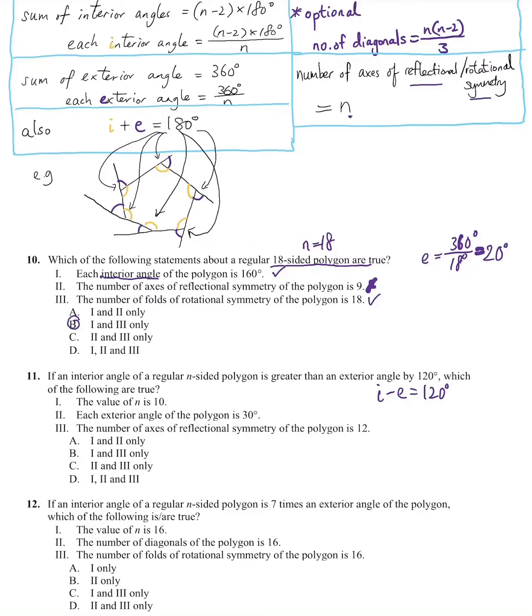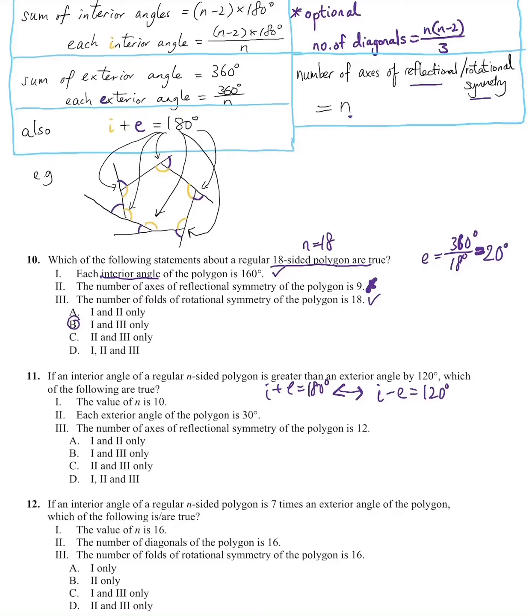But you also remember that I plus E is 180, right? So what does that tell us? We have a simultaneous equation. I plus E is 180 and I minus E is 120.